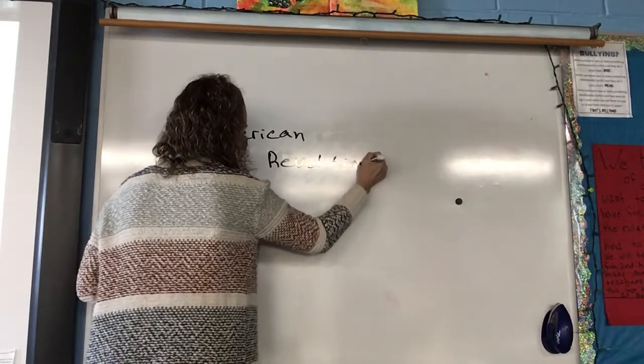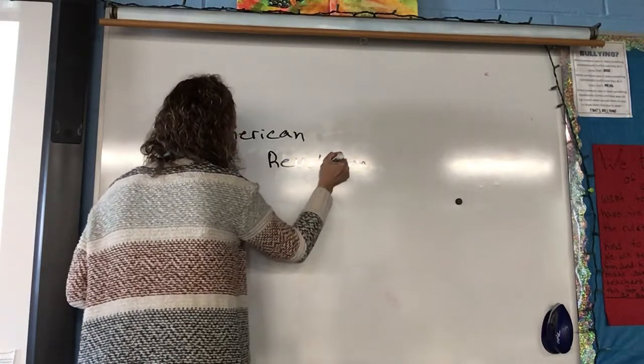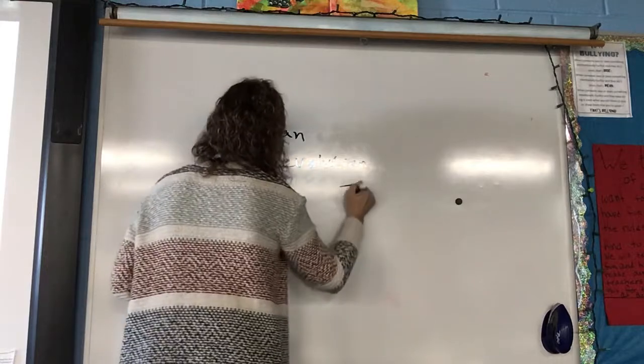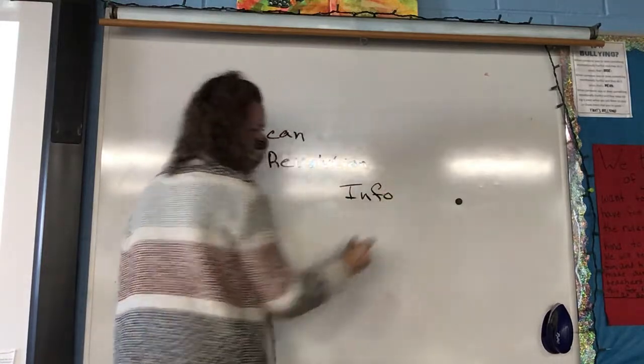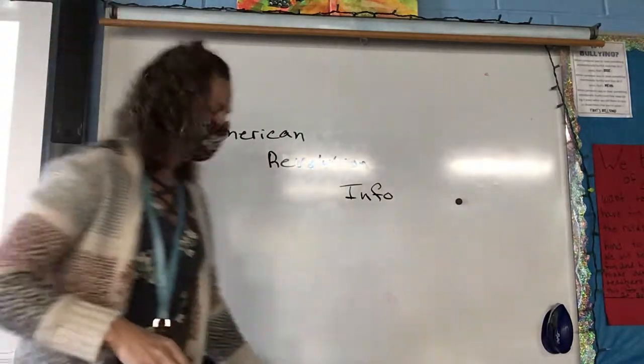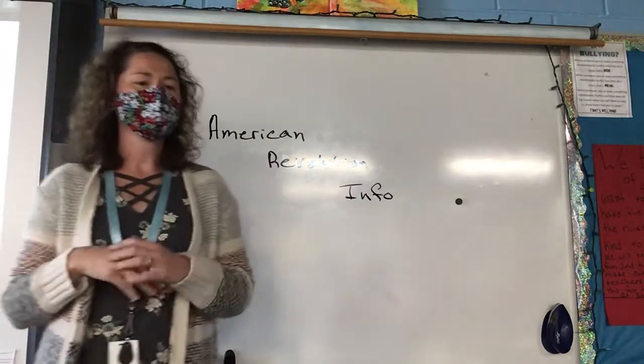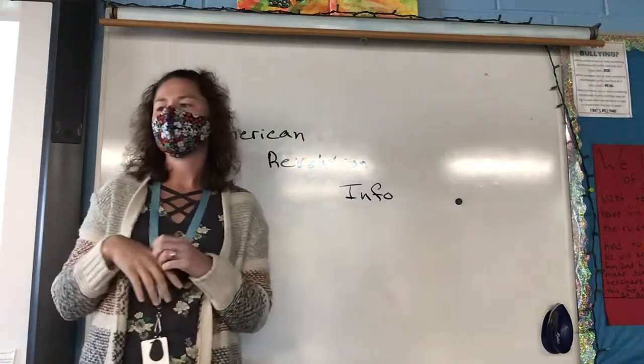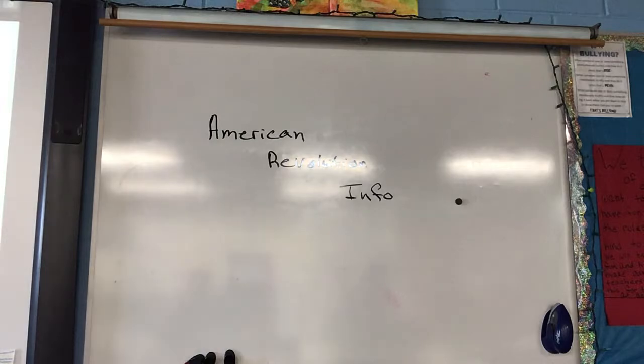You might just say American Revolution info. Some of you have markers I gave you at Christmas time. If you didn't get a marker, let me know. You can use pen, whatever you want, because I'm not going to collect the folder back. And then write chapters 8 and 9.